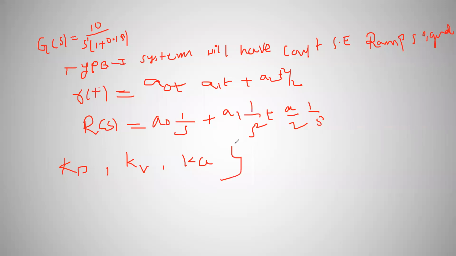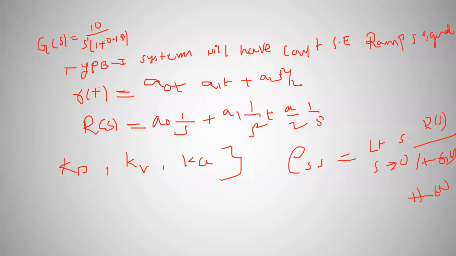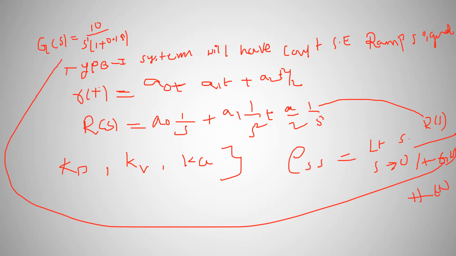Okay, and then find the steady state error: limit s tends to 0, s into R of s by 1 plus G of s H of s. So R of s is already given, G of s is already given, H of s is unity feedback, so H of s value is 1.